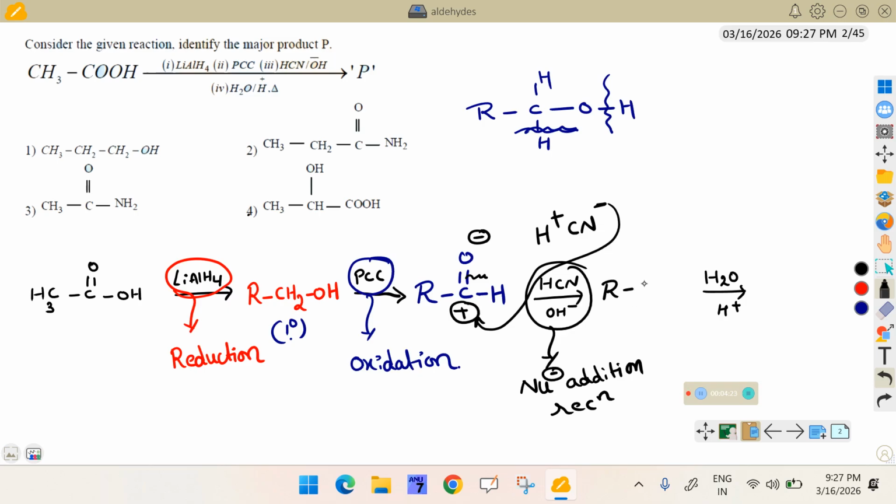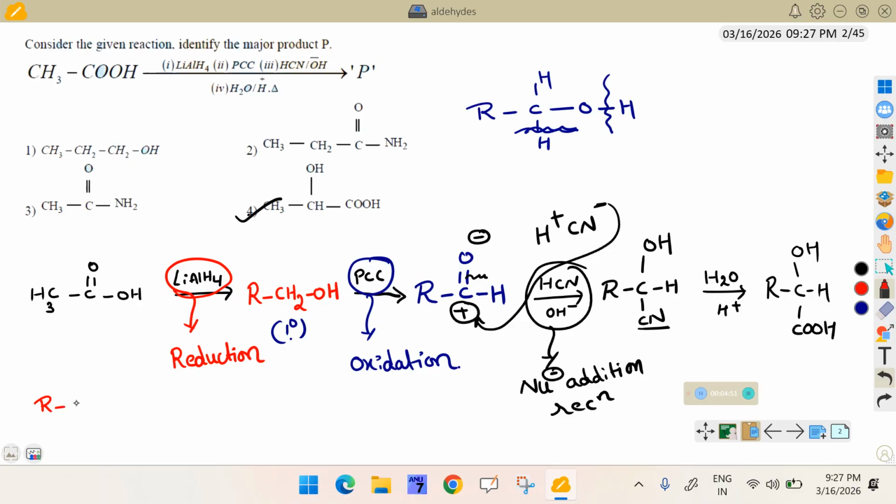Then it is converted to RCH(CN)OH. Now cyanides undergo hydrolysis. Cyanides undergo hydrolysis, then it gives carboxylic acids. So the correct option is the fourth option.